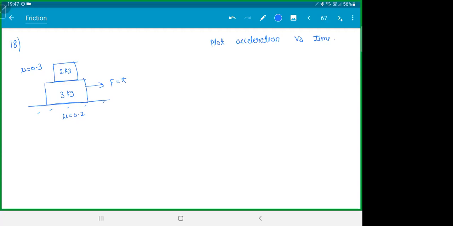How do you do this? You have friction on the ground.